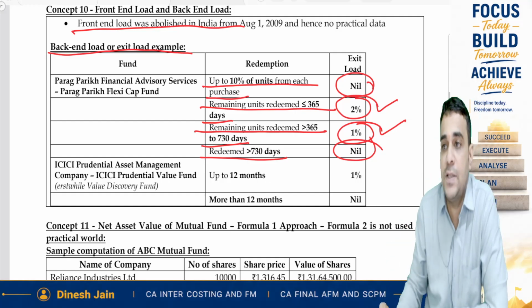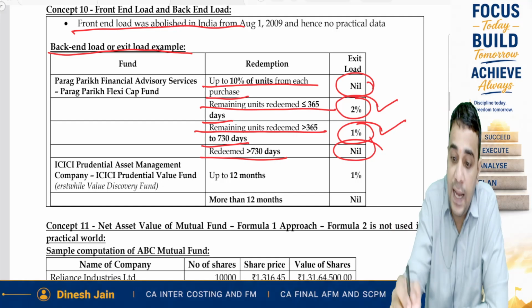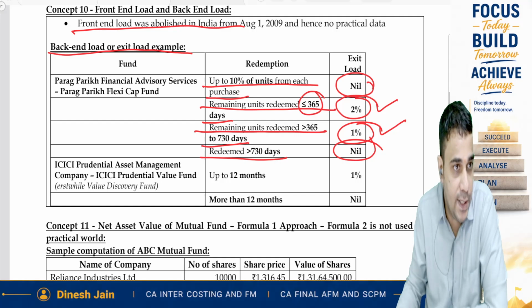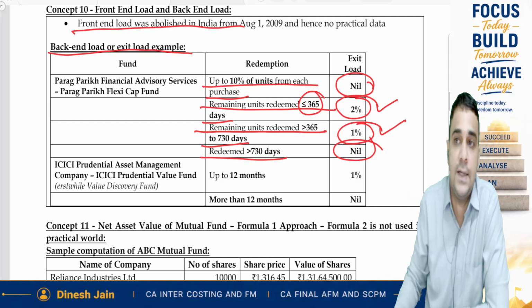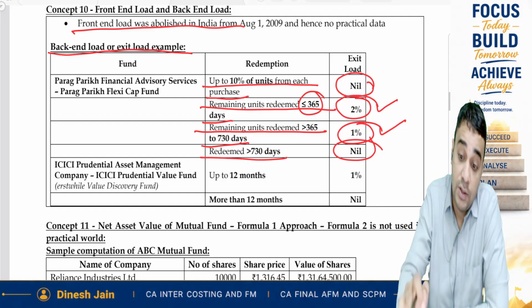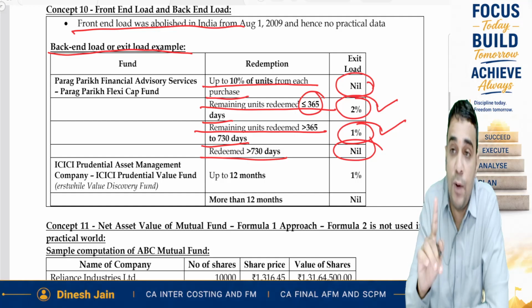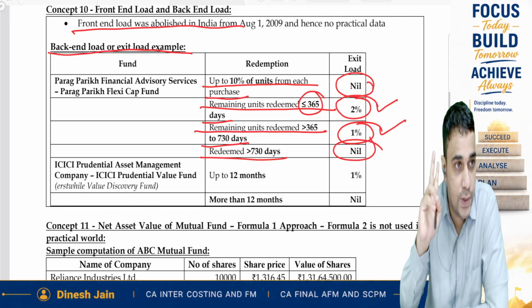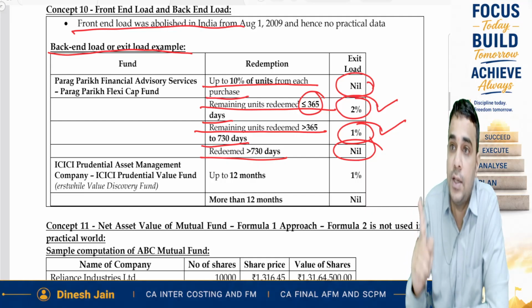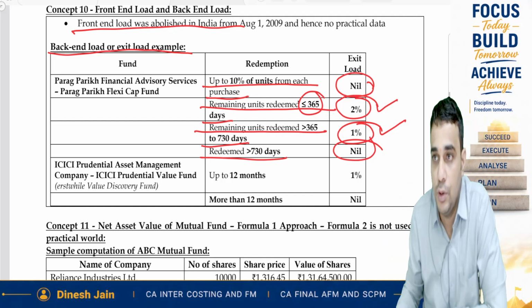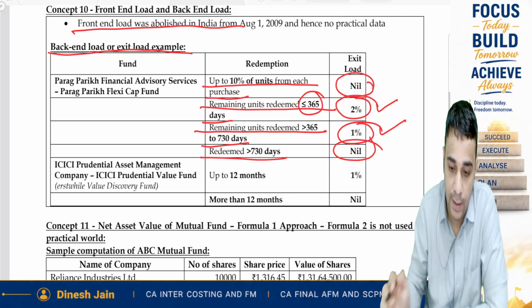If you want to take more than 10%, and the time period is less than 365 days, that is less than a year of your purchase, please pay 2% exit load. 365 to 730 days: Parag Parikh is the only fund which goes till 2 years. Many funds go only till 1 year. Till 2 years, you are exiting at 1%. More than 2 years, you are free to take your money.